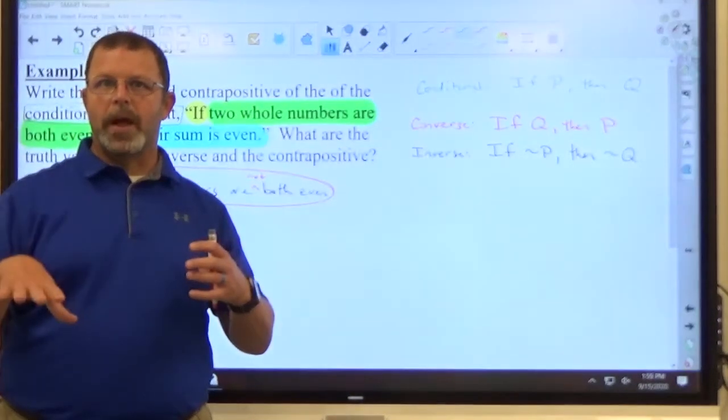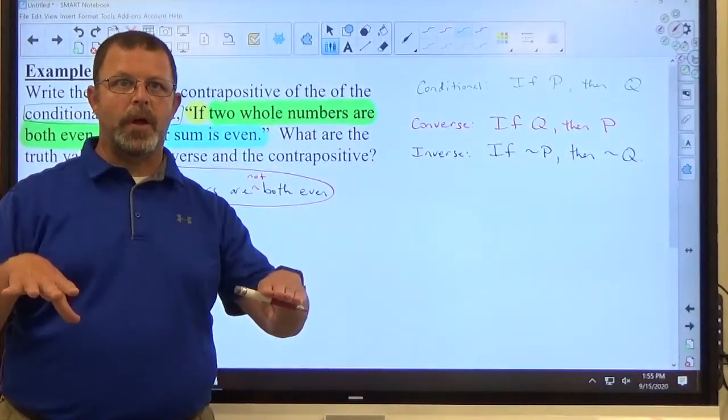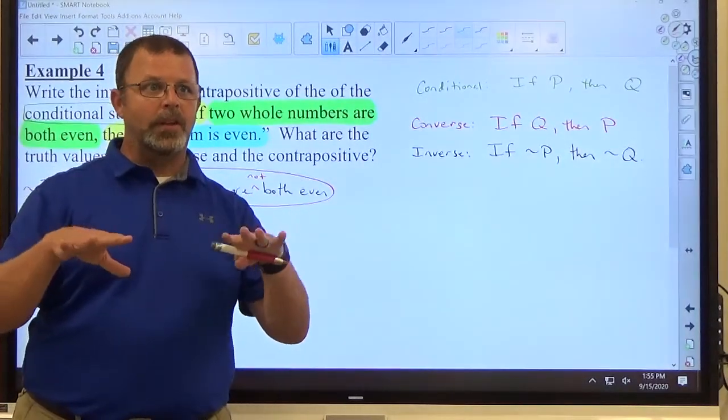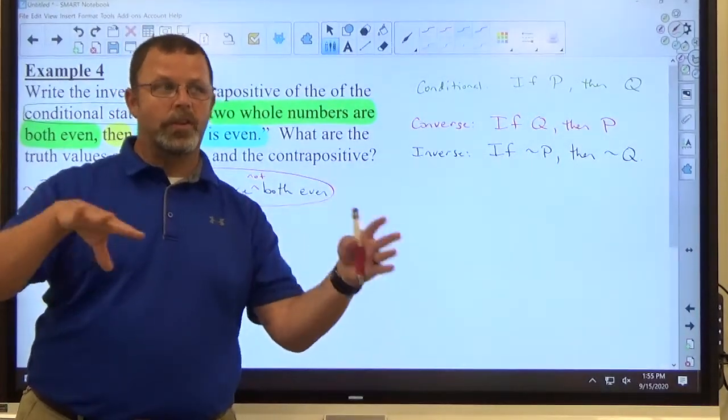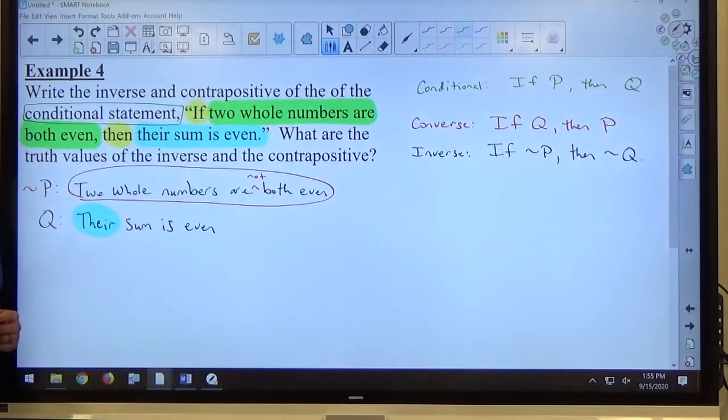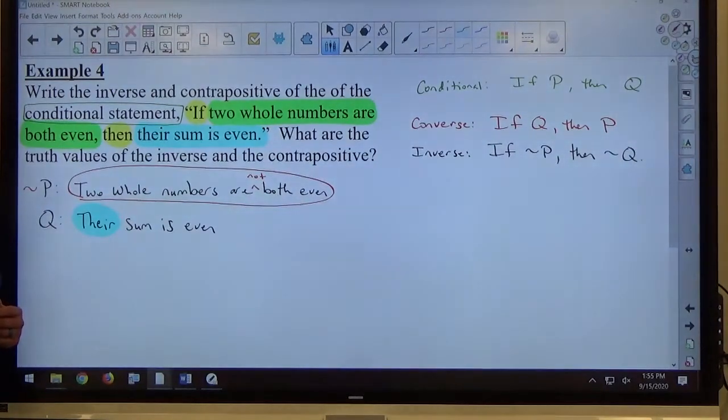If I wanted only red, the opposite would be not red, which is blue, right? But in that case, it would be easy. Whatever is not one is the other. But here, if I say both odd, that's not getting in the possibility of one odd and one even. So when you're making opposites, make sure that the complementary set is everything else that could possibly happen. That's what you want not to be.